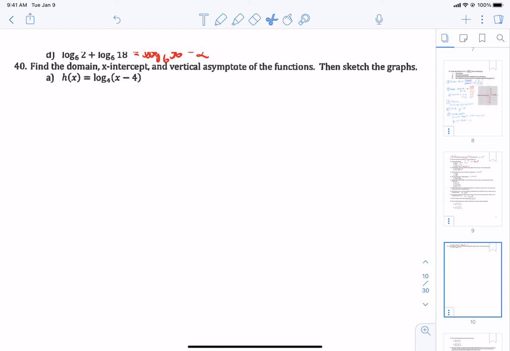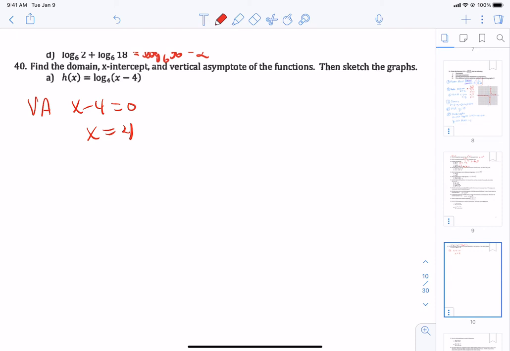40a says to find the domain, the x-intercept, the vertical asymptotes. Now, the horizontal asymptote of an exponential was determined by the number hanging out on the outside. For a logarithmic function, you have a vertical asymptote, which is determined by what's on the inside. So the vertical asymptote for this is where x minus 4 equals 0, or a 4.